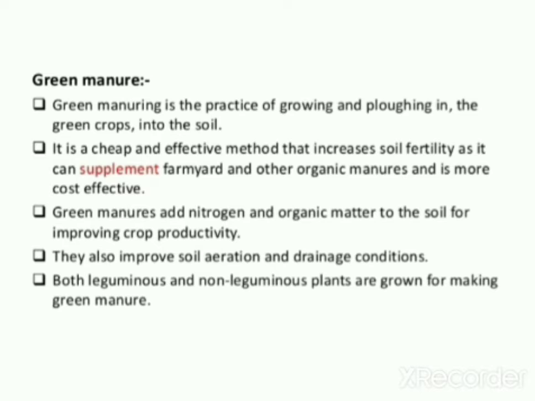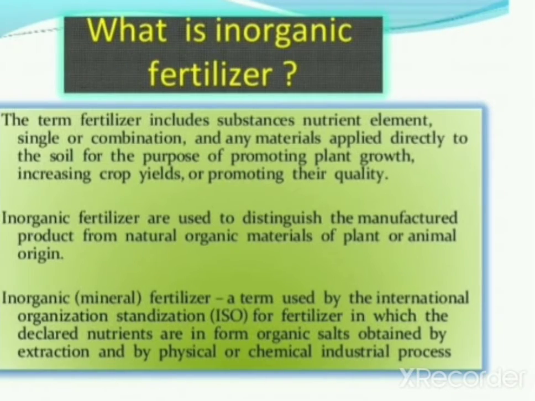Green manures add nitrogen and organic matter to the soil for improving crop productivity. They also improve soil aeration and drainage conditions. Both leguminous and non-leguminous plants are grown for making green manures.